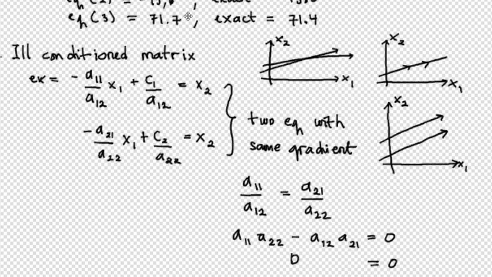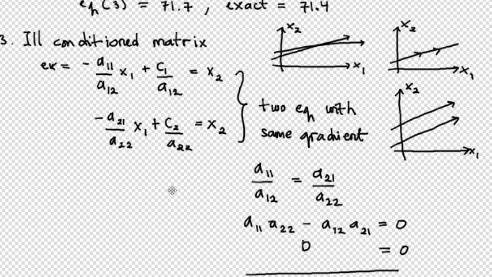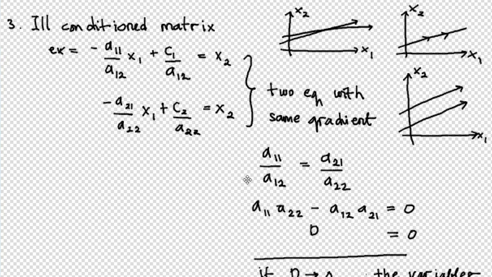And then the other trap is ill condition matrix. As you already know from the beginning of this topic about simultaneous linear equations, I showed you some conditions of equations or matrices.